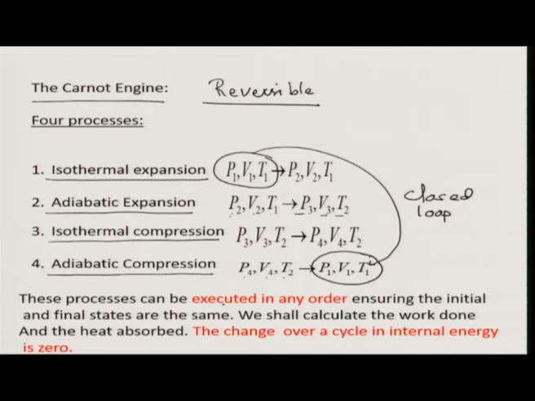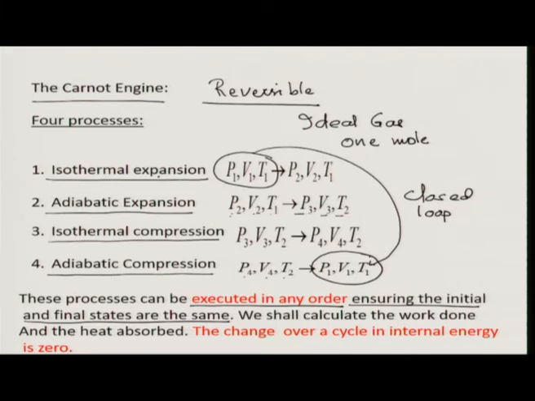The processes can be executed in any order. I am choosing ideal gas, 1 mole, ensuring that initial and final states are the same. So, you come back, a closed loop.